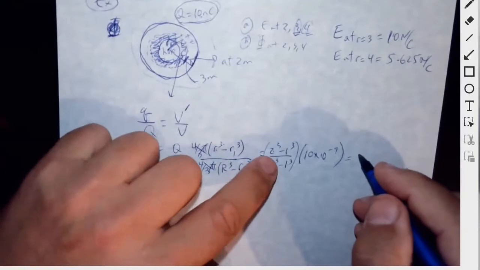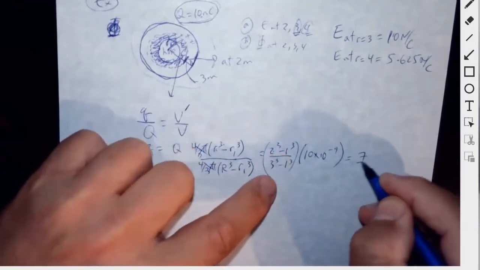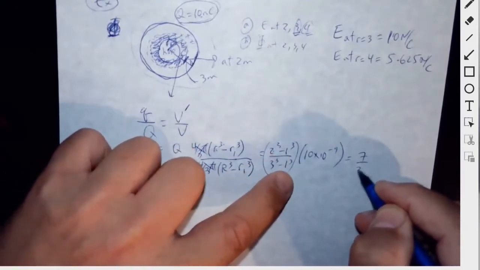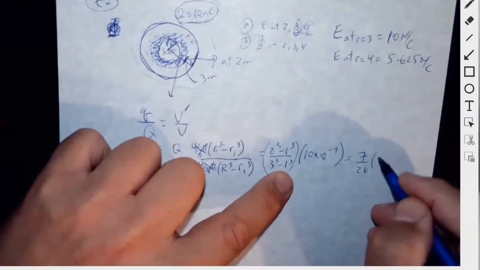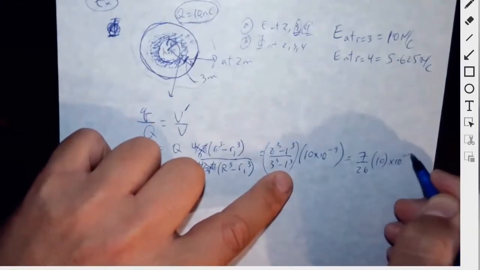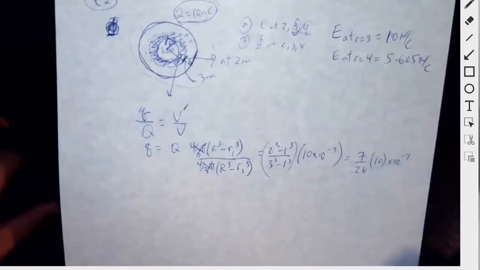Okay, then I'm getting here 8 minus 1, 7 over 27 minus 1, 26 times 10 times 10 to the minus 9. Okay, so that's the enclosed charge, right?